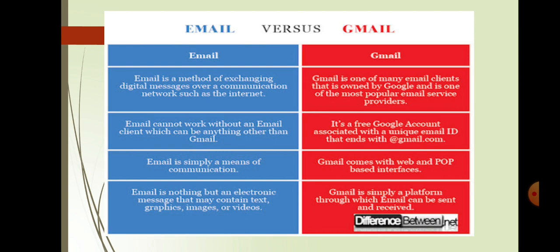So the common difference between email and Gmail is: email is a method of exchanging digital messages over the internet. Gmail is one of many email clients that is owned by Google and is one of the most popular email service providers. So Gmail is a kind of service provider owned by Google.